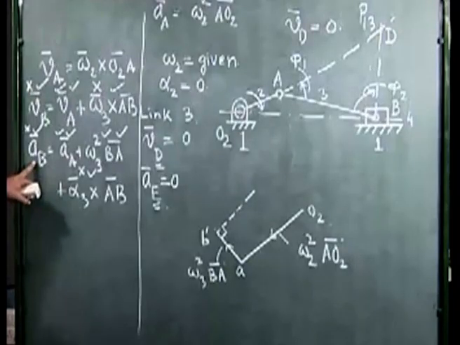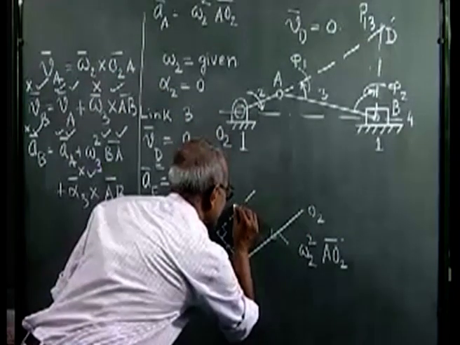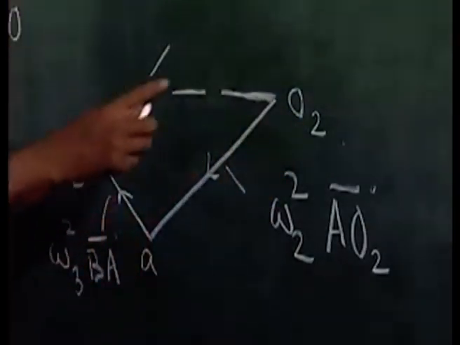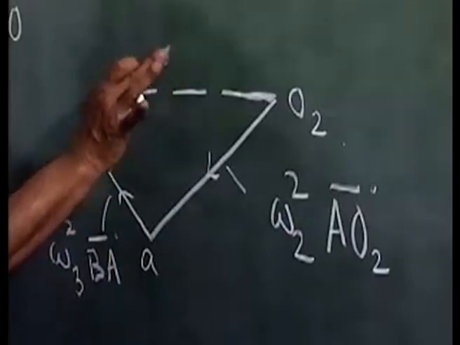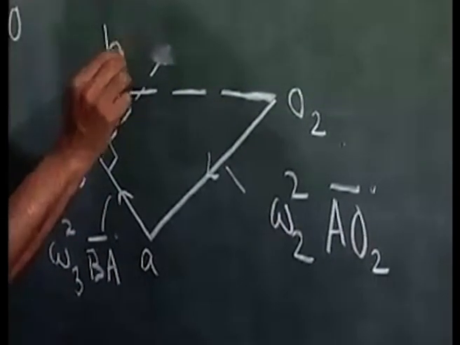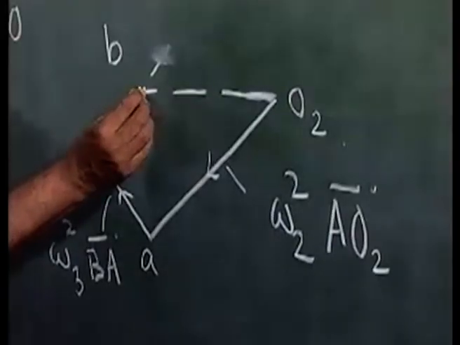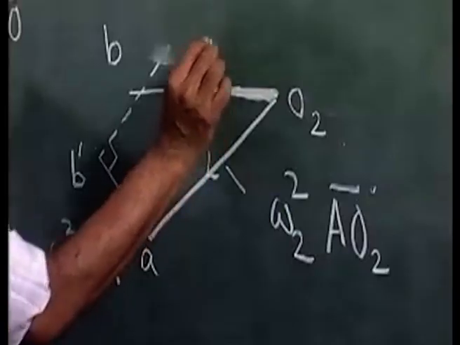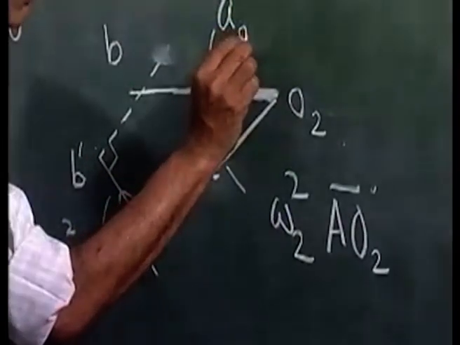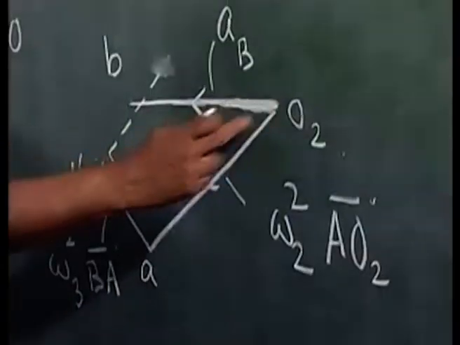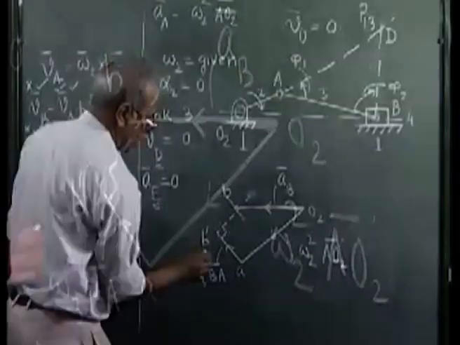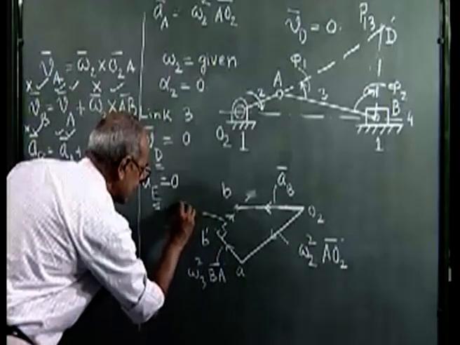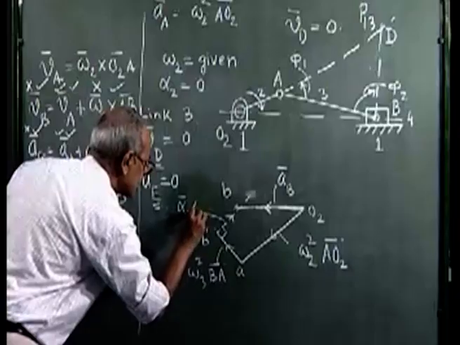But AB is horizontal, so through O2 I draw a line horizontal, and where these two lines intersect gives me the point B, such that the vector O2B represents acceleration of the point B, O2A represents the acceleration of the point A, and B prime B, this vector represents alpha 3 cross AB.